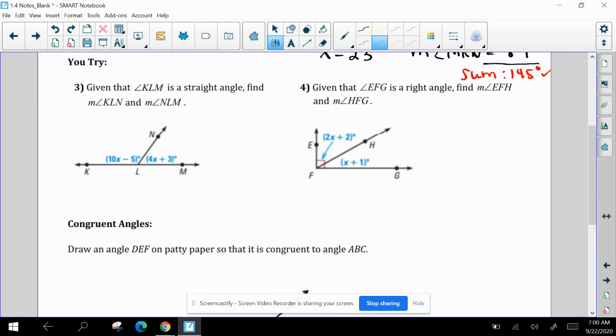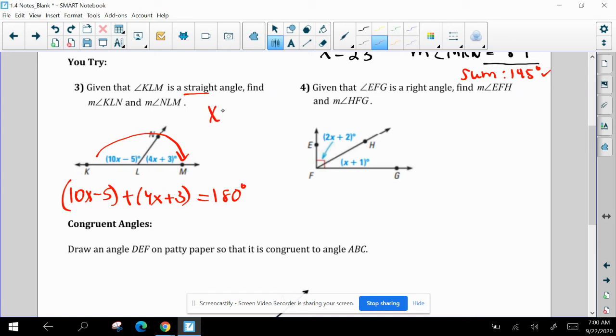All right, so for number 3, hopefully you solved this out and you said these two equal 180. So I'll set up an equation just to make sure that if for some reason you didn't get the right answer, you could see where you went wrong. So you'd add them up and you said it has to be 180 degrees, because this is a straight angle.